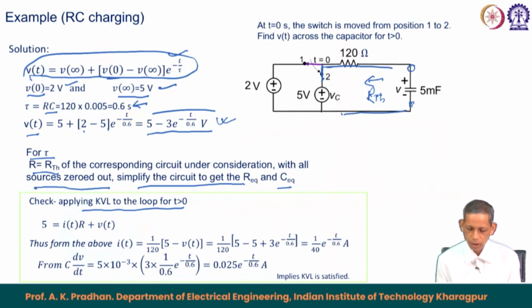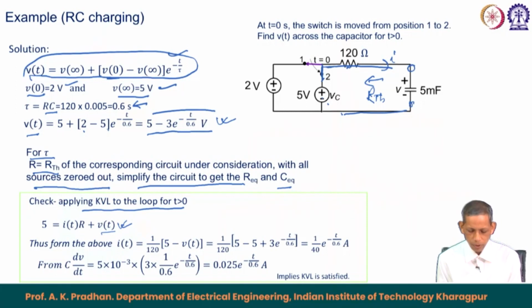In this loop, suppose this is the current I here. So, 5 volt equals I t into R plus V t. This voltage drop in the resistance plus the voltage across the capacitor is nothing but the supply voltage 5 volt. So, this is the KVL.